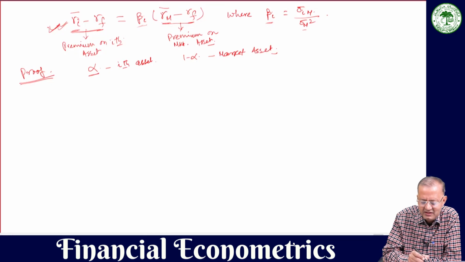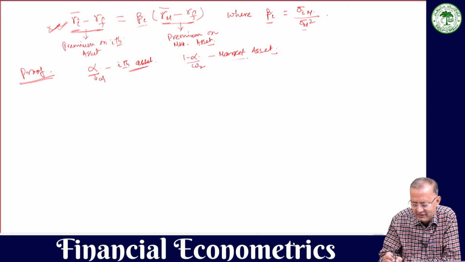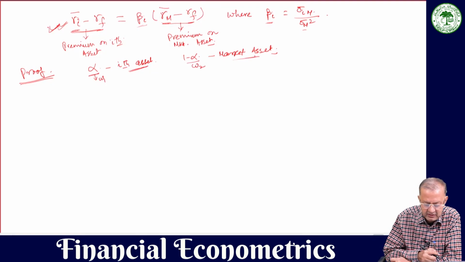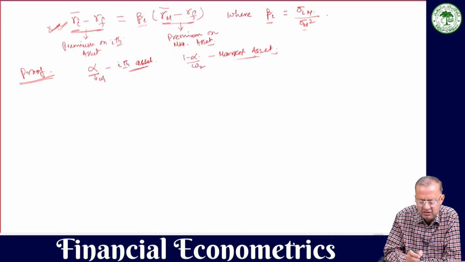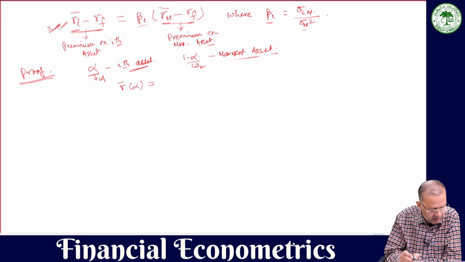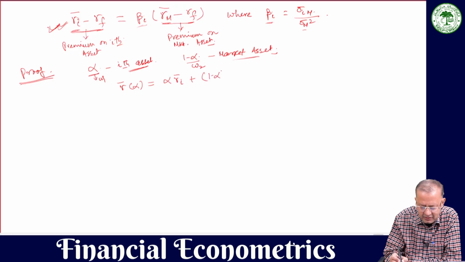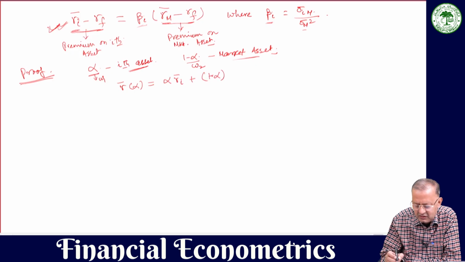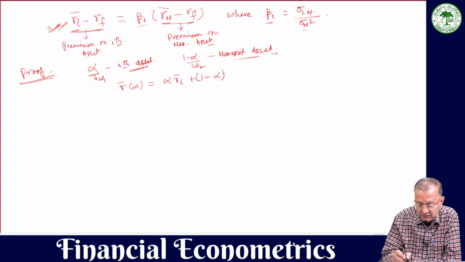So this is W1 or W2, where two assets are involved: one is the ith asset and the second one is the market asset. Now what about the mean rate of return on this? The mean rate of return R alpha bar will be equal to alpha Ri bar plus the weighted average, 1 minus alpha into Rm bar.